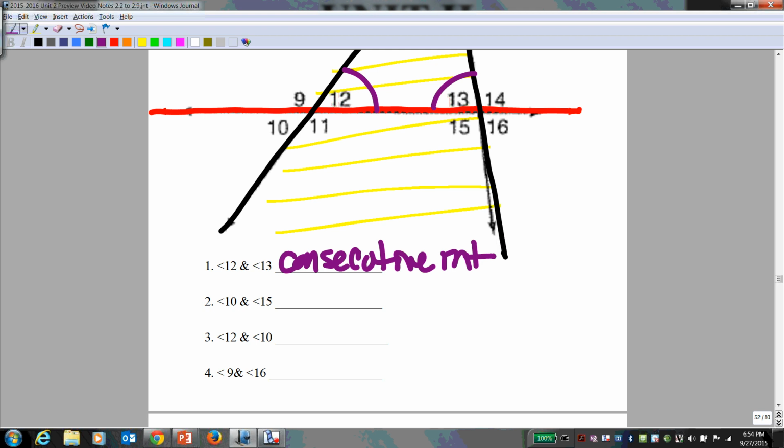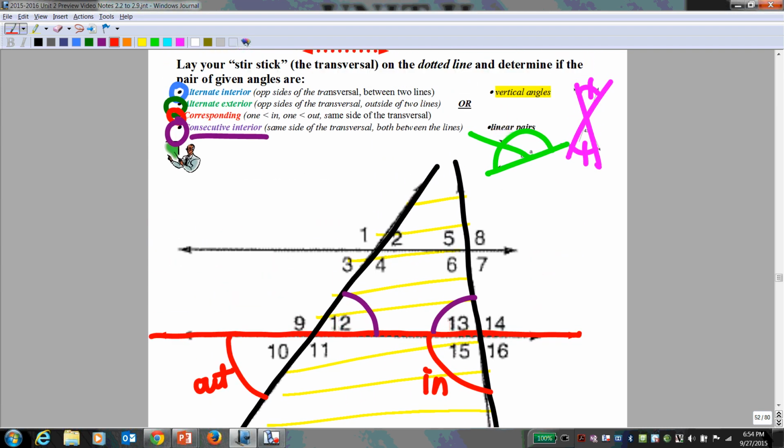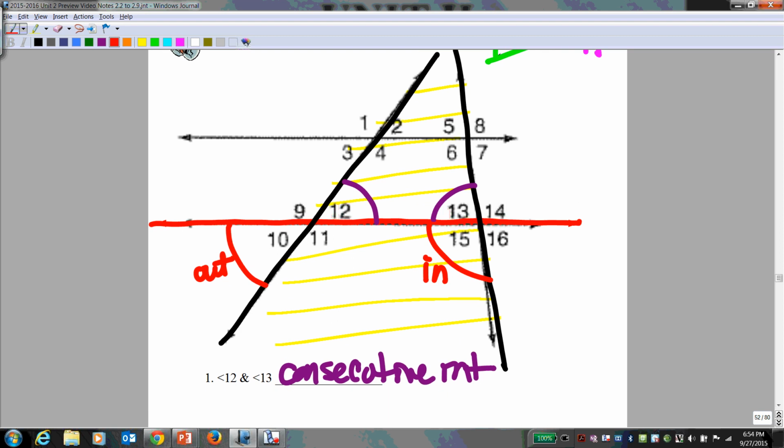Try 10 and 15. Sweep. 10 and 15, 1 in, 1 out, same side. If you go back up, look at your description, 1 in, 1 out, same side, that's corresponding.